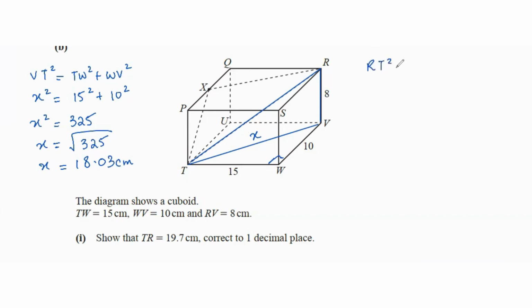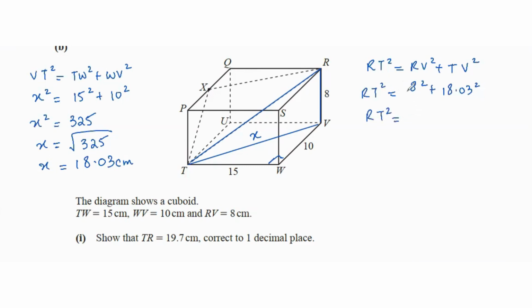So RT square is going to equal RV square plus TV square. So that is going to be 8 square plus 18.03 square equals RT square.